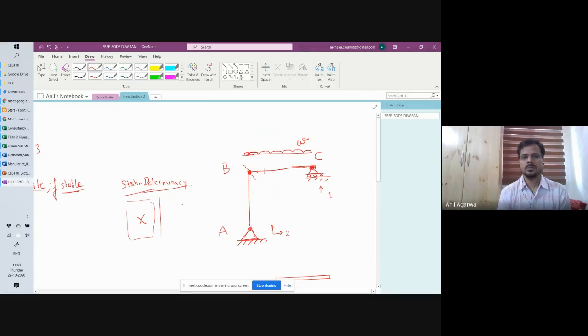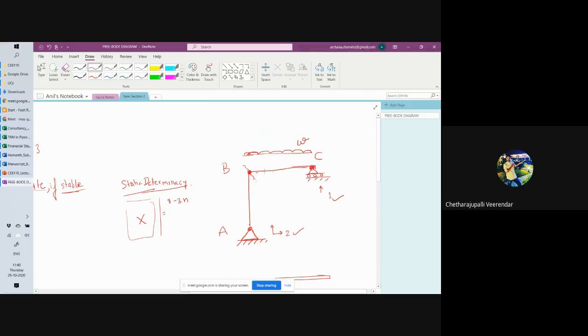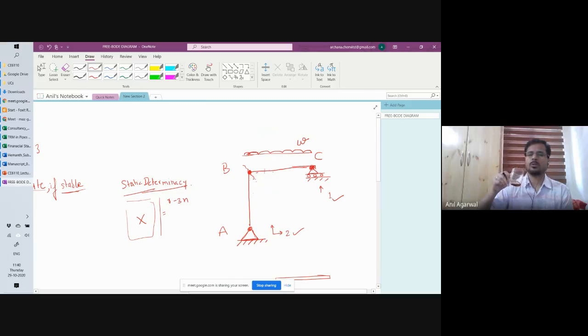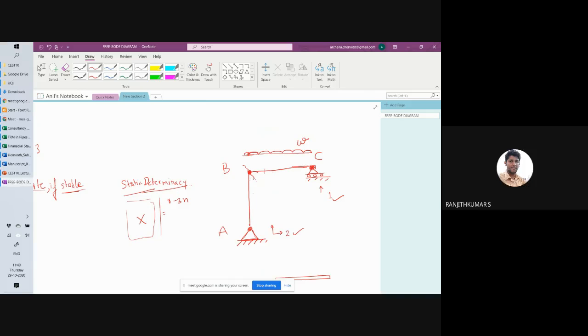So if I cut it again, what do I get? R minus 3n again. So R is 2 here, 2 here, 1 here, and how many unknowns do I have at B?